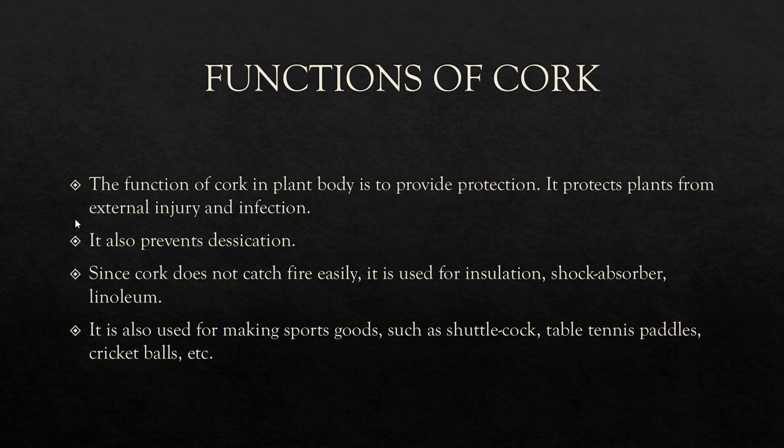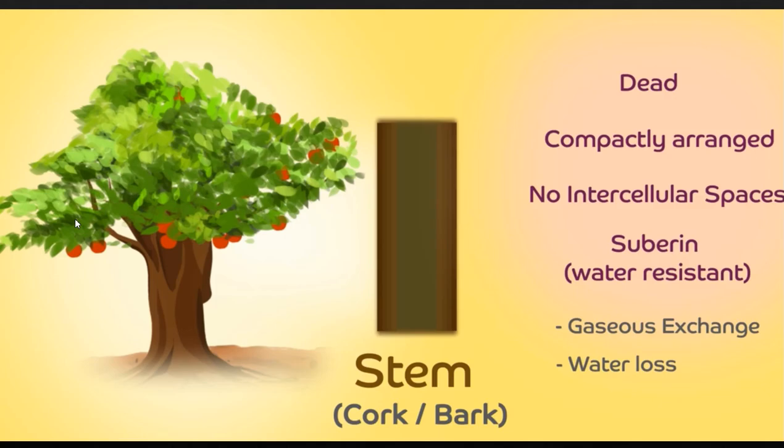Since cork does not catch fire easily, it is used for insulation and as a shock absorber. It is also used for making sports goods like shuttlecocks, table tennis paddles, cricket balls, etc.